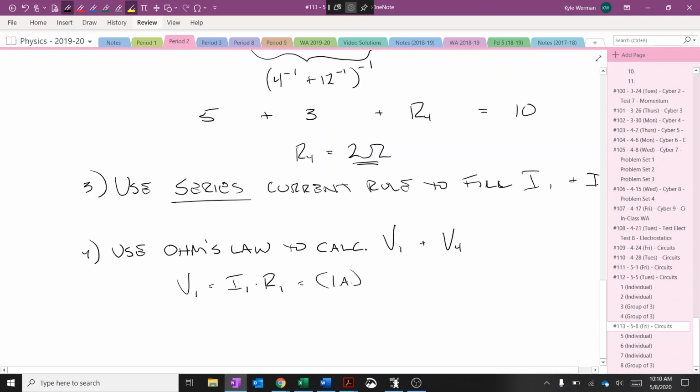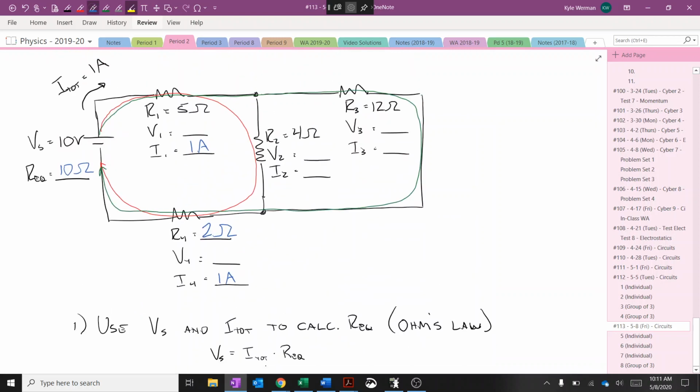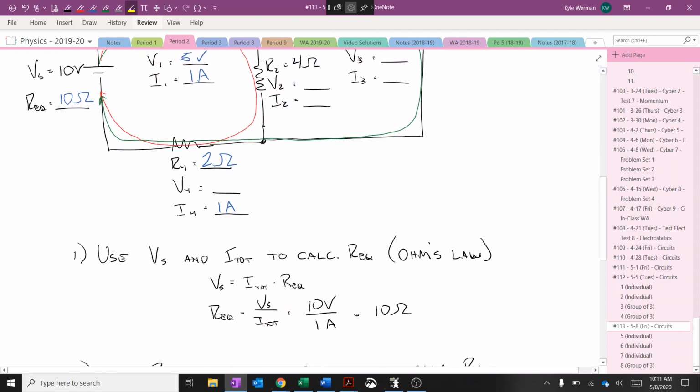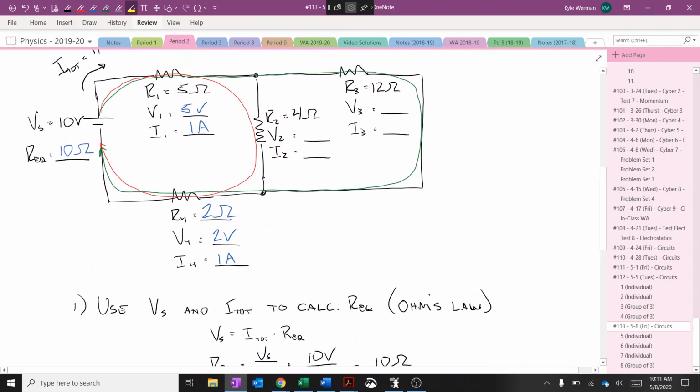And that first resistor was 5 ohms. And so I get a voltage drop of 5 volts through that first resistor. This has got to be 5 volts of drop. And same thing with V4, 1 times 2, well, 2 volts, right? Ohm's law fits for each resistor.